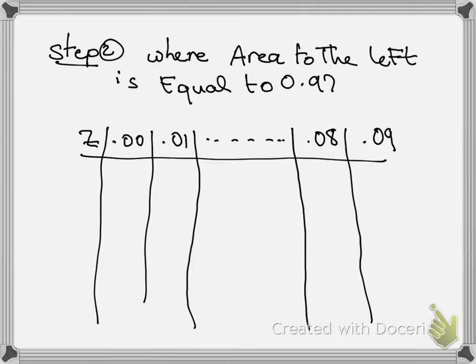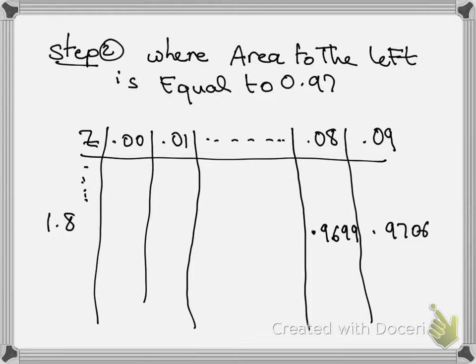And here, if you look to the values of z, somewhere here, let's say you have 1.8. In the column of 0.08, you have 0.9699, and here you have 0.9706.